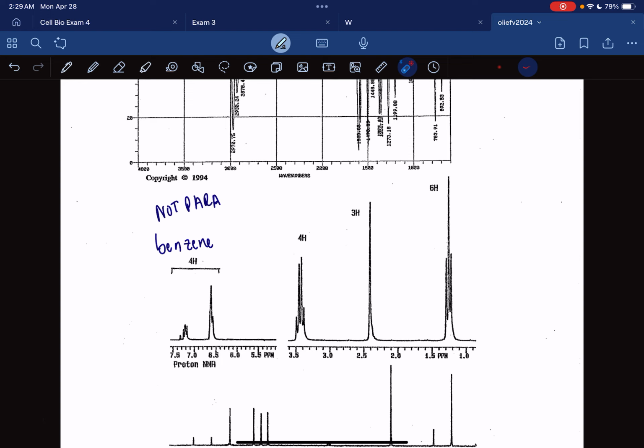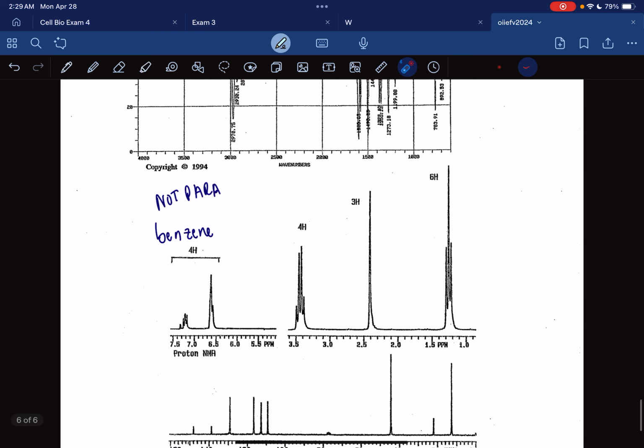So I think on the last exam, like on this specific test for like the di-substitution, it was 2 points. But if you put para, you only got 1 point. So be careful with that. Para, it has to be 2H, 2H. Otherwise, it's not para. So don't fall victim to that.